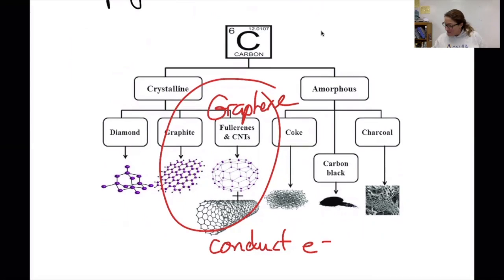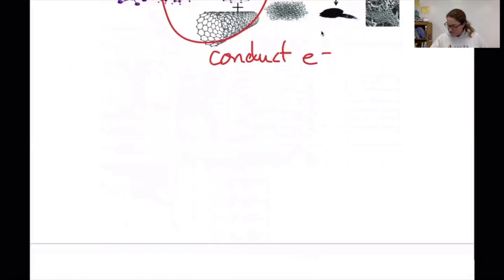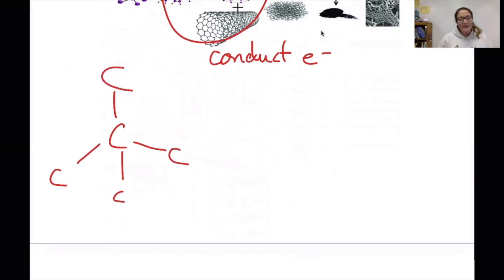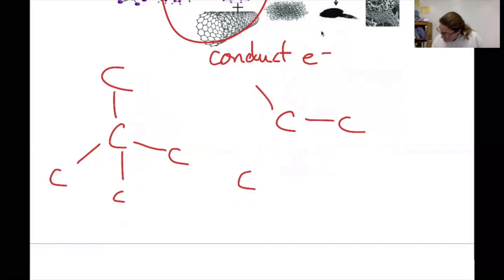And here is some of the why in terms of the structure. If I look at a diamond, each carbon is bound 4 times to other carbons. And so we don't have any electrons that are free to move. If I were to look at the structure of graphite instead, each carbon is only attached to 3 other carbons.